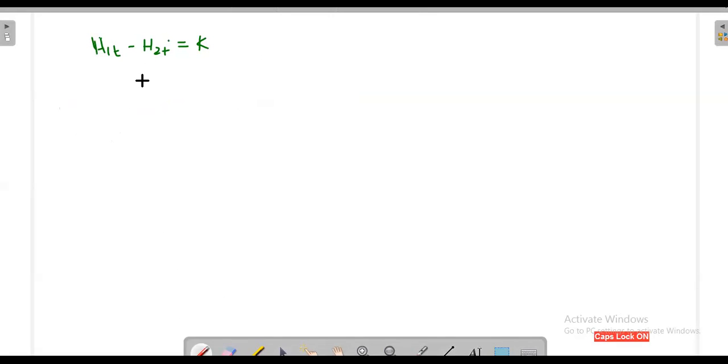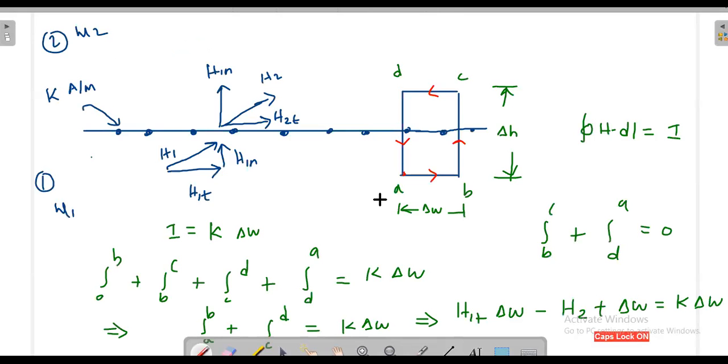Now I want to know the direction. Please somebody tell me the direction of H1t minus H2t. Definitely H1t is in the y direction.